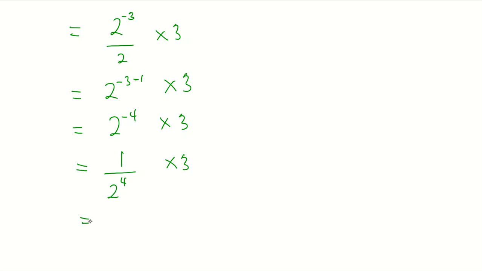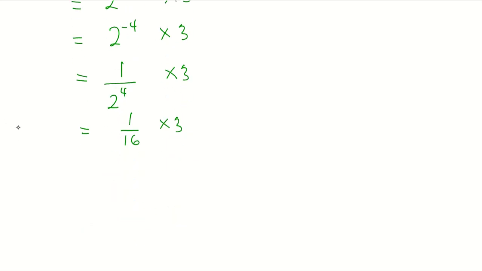And 2 exponent 4 is the same as 16. So we have 1 out of 16 times 3. So in this sense, when we multiply 1 times 3, we are going to get 3, and we divide by 16. And so this becomes our solution to the question.